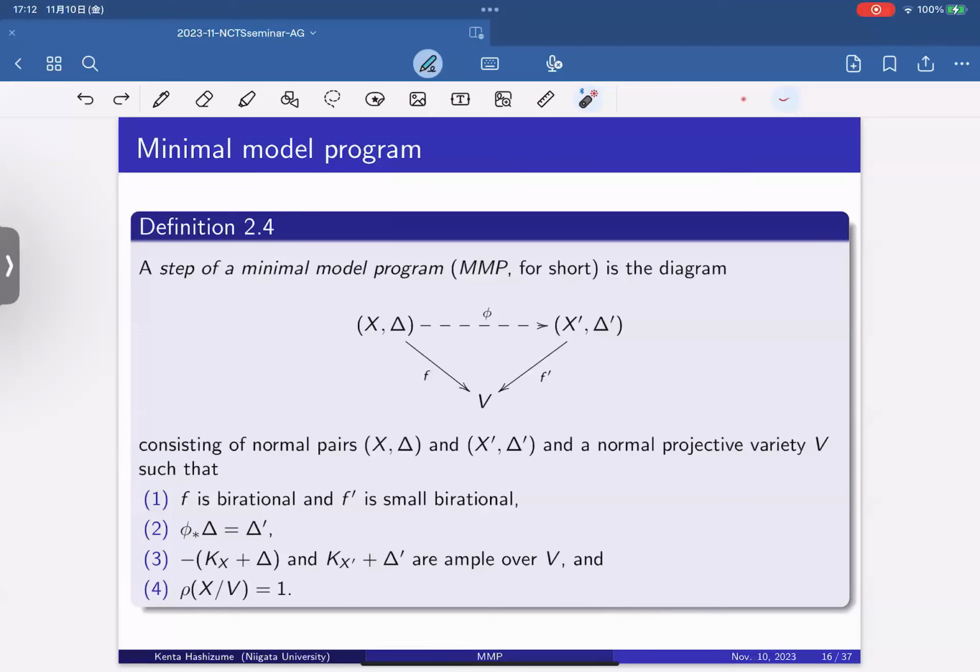The third condition is that the log canonical divisor and the log canonical divisor are both ample over V, relatively ample. And the final condition is quite technical.